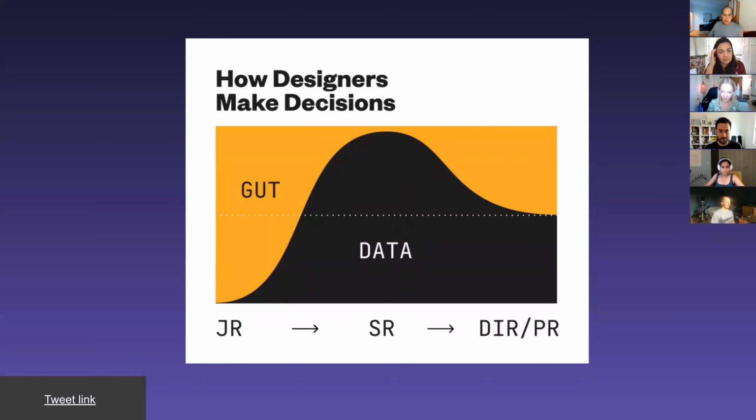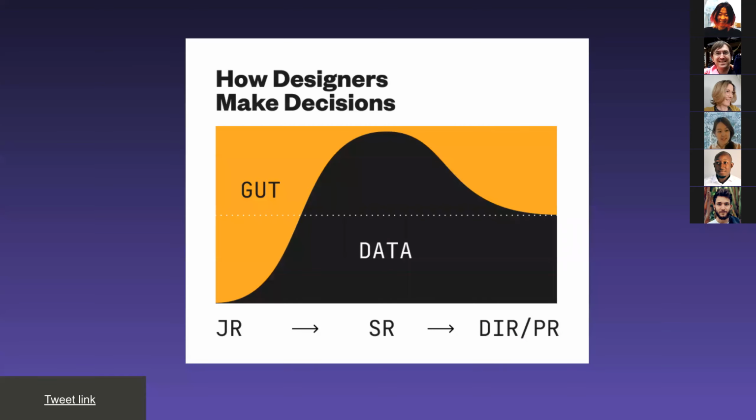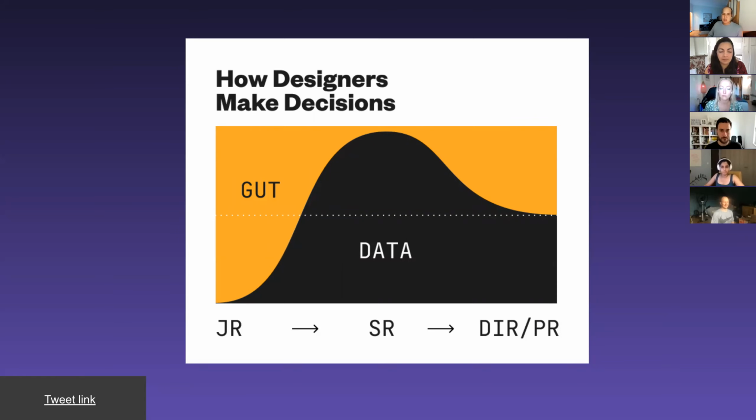Over time, when you don't do any user research, you kind of go 100% gut. And over time, you start introducing user research and you kind of balance out that with data. And sometimes you think that data will solve all problems. And I think this is where craft and experience comes into play, and you kind of balance that with data to make the right decisions over the long term.